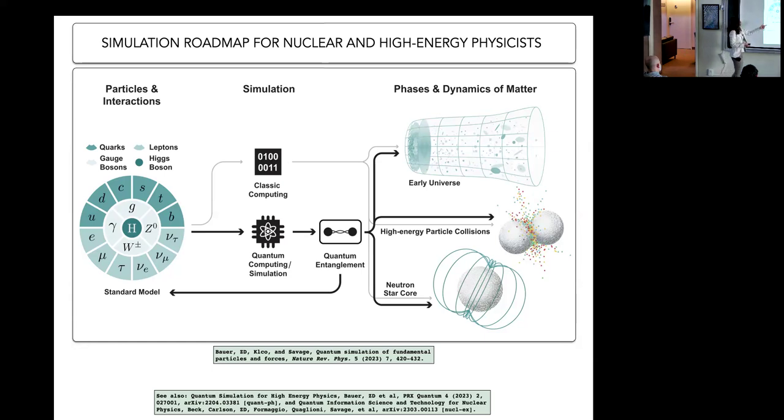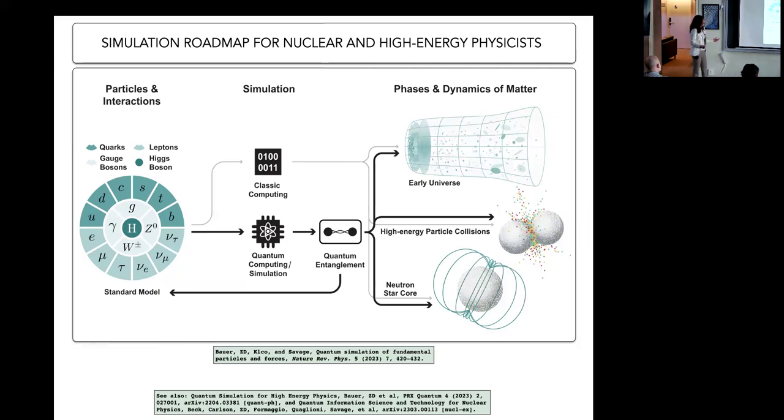For example, we would like to understand the phases and evolution of these phases after the Big Bang in the early universe. And the same kind of thing happens in heavy ion colliders, or in particle colliders like proton-proton colliders at the LHC, because we give these particles very high energies, we collide them, and then we create very exotic conditions after the collision, hoping that there are some new phases of matter that will show up that we could probe.